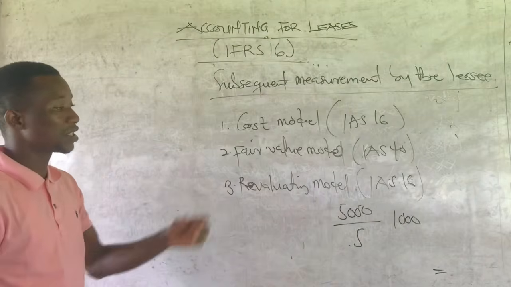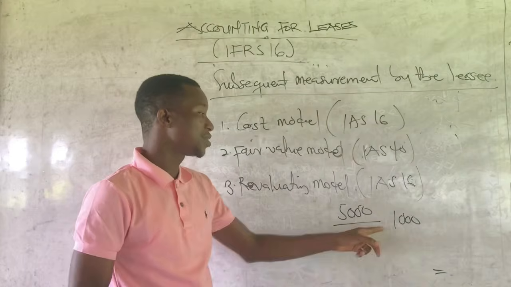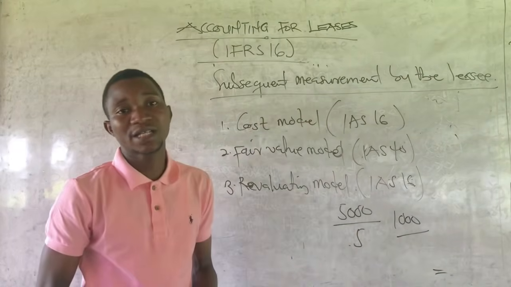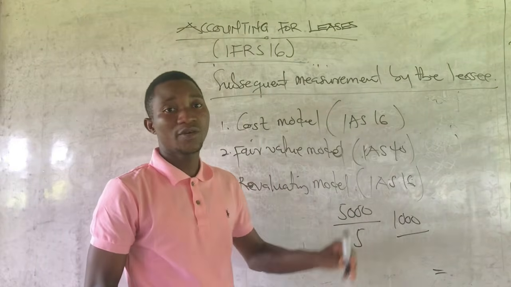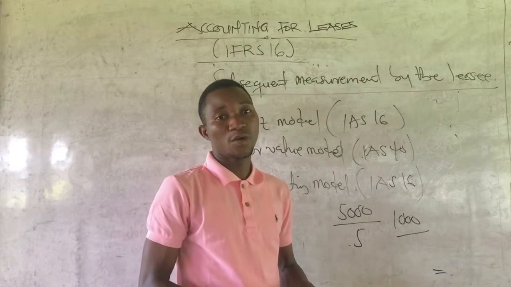That is the depreciable value. Is that clear? But remember that the depreciation charge, which is the 1,000, is going to be charged to the statement of profit or loss as a depreciation charge, and the interest expense will also be charged against the statement of profit or loss.